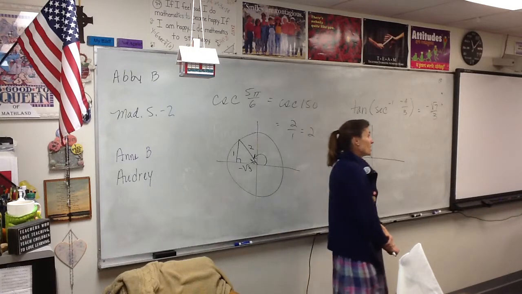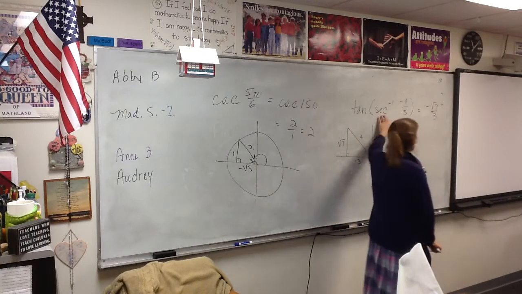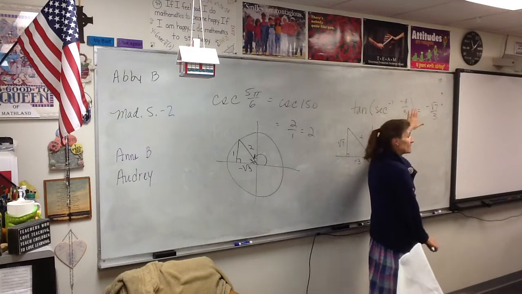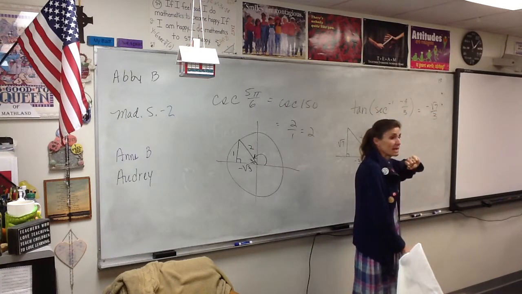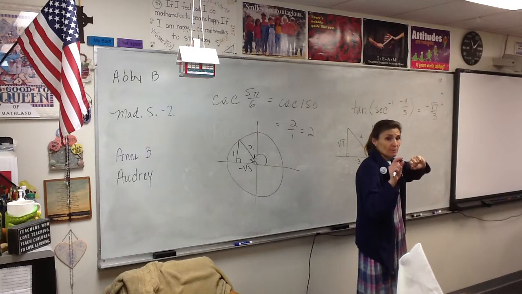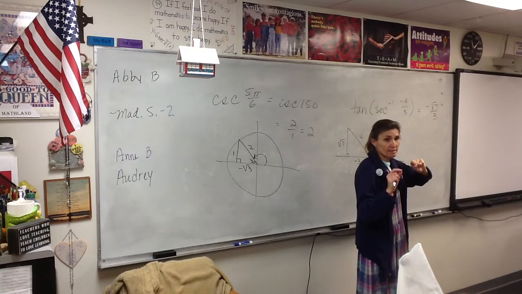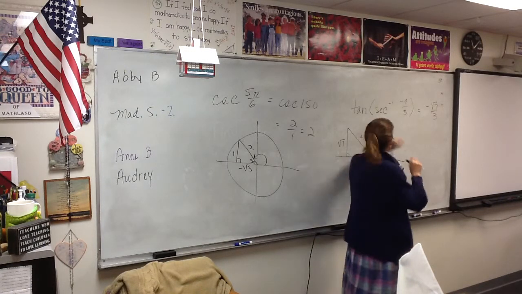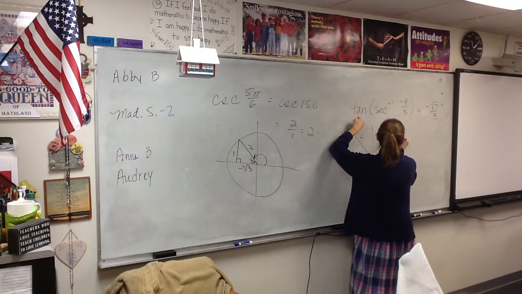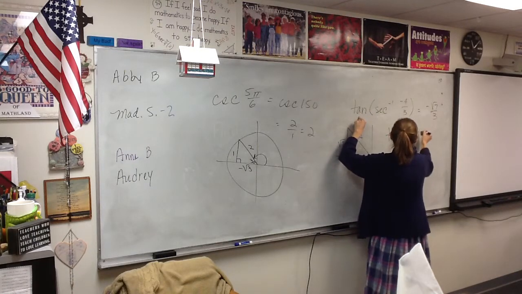So what do we know about the angle whose secant is negative 4/3? That it's the reciprocal of cosine. That its cosine is negative 3/4. So I'm going to have to rewrite this problem like this.